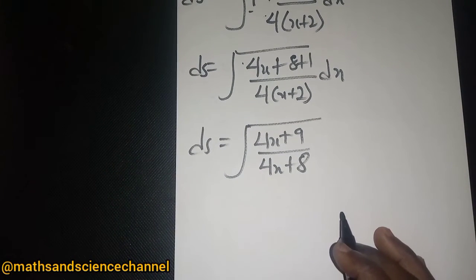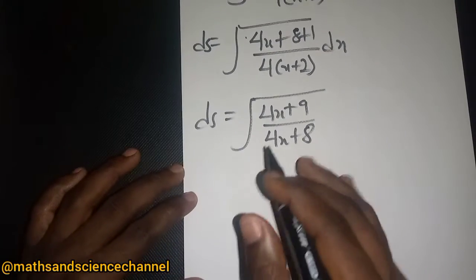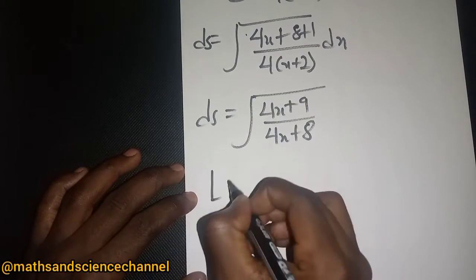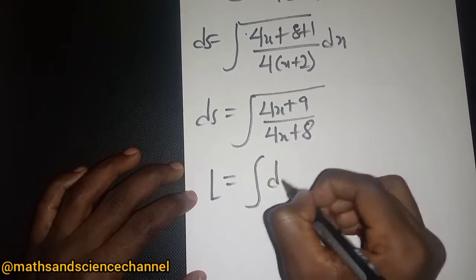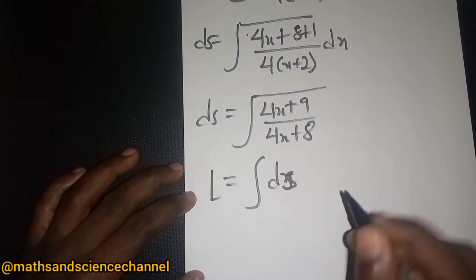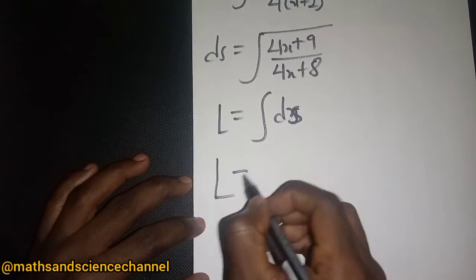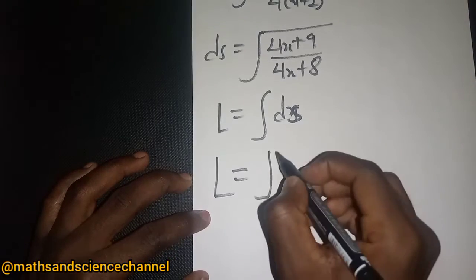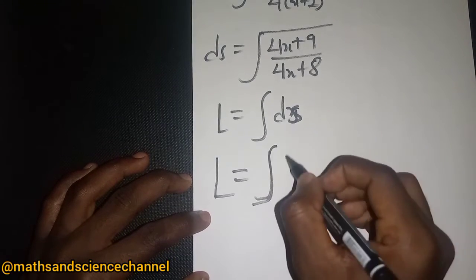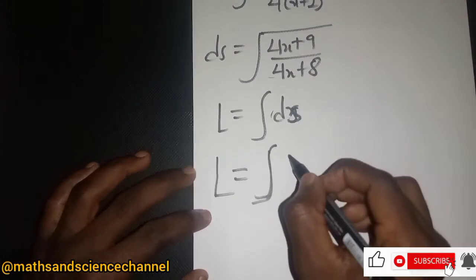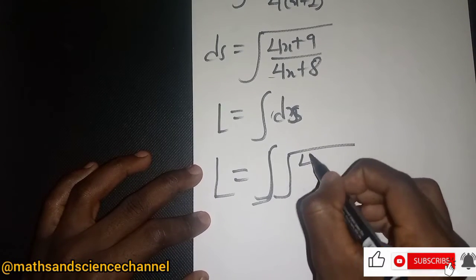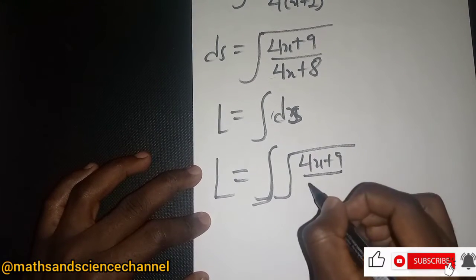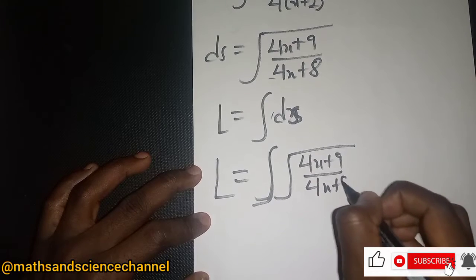Now what we're going to do next is put this into the length of arc. So L is given as the integral of ds. So take note of this formula. So L here will be equal to the integral of ds, which is just that, the square root of 4x plus 9 over 4x plus 8.